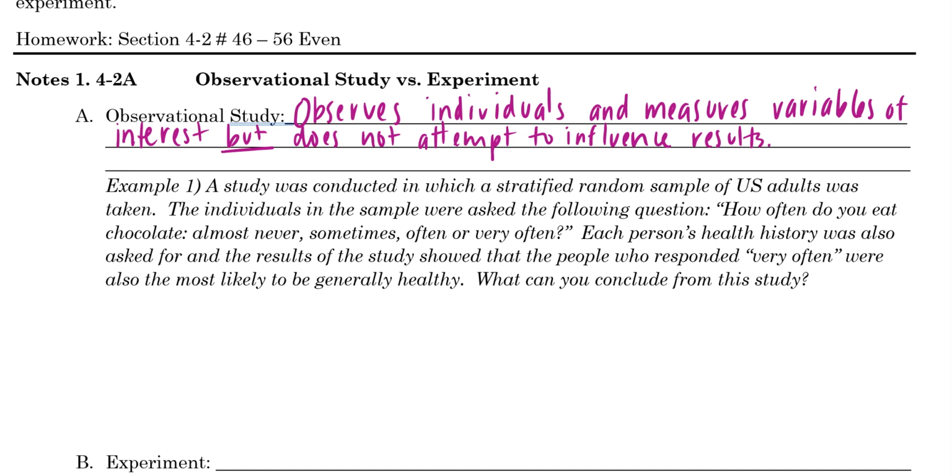So here's the deal with observational studies. They're pretty coolish, sort of. They're sort of the best way to get certain types of data. And as long as the sample used for the study is representative, then you can conclude something called association, which is the same association as we looked at last chapter.